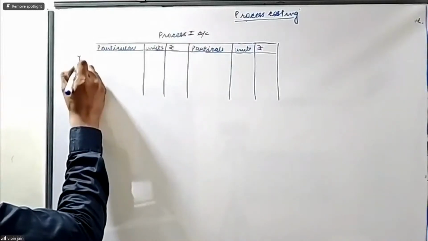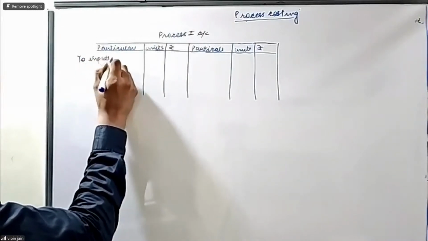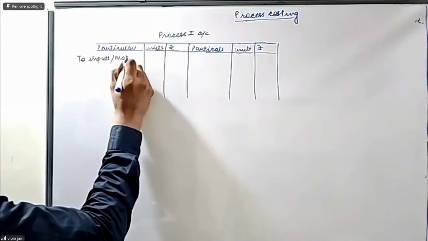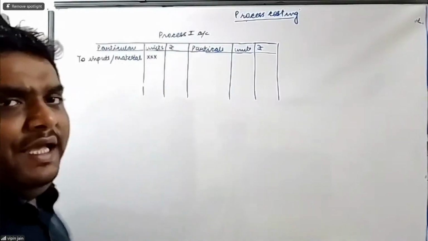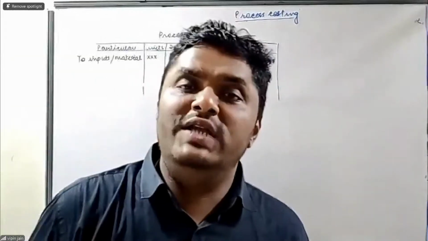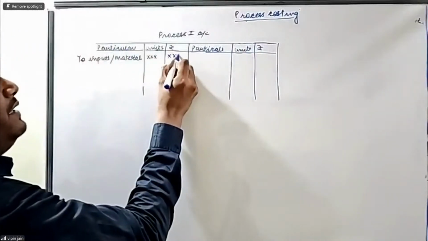So in this, we will first write the inputs or material, the quantity of material introduced. Let's say I have made an input of 10,000 kgs. So we'll write the units. Along with this, we will write the cost of the material.